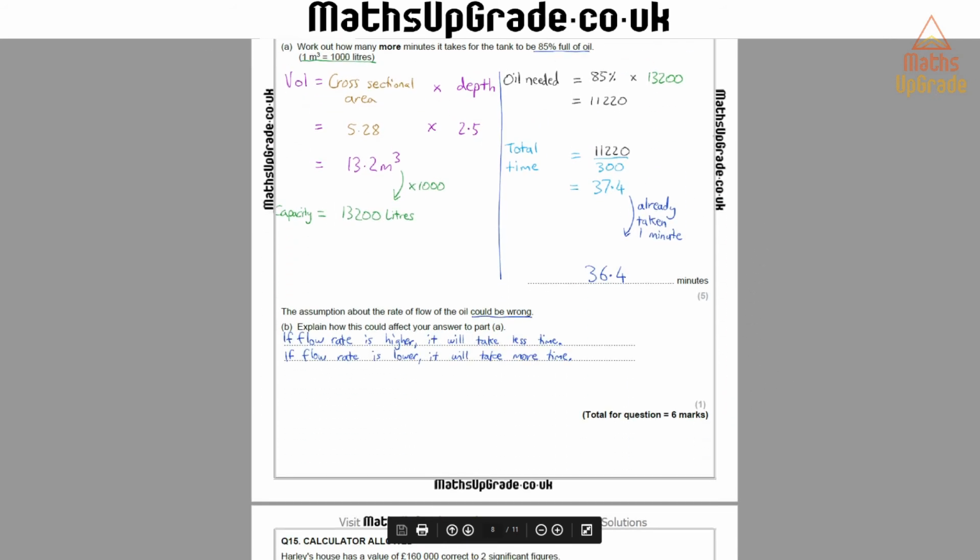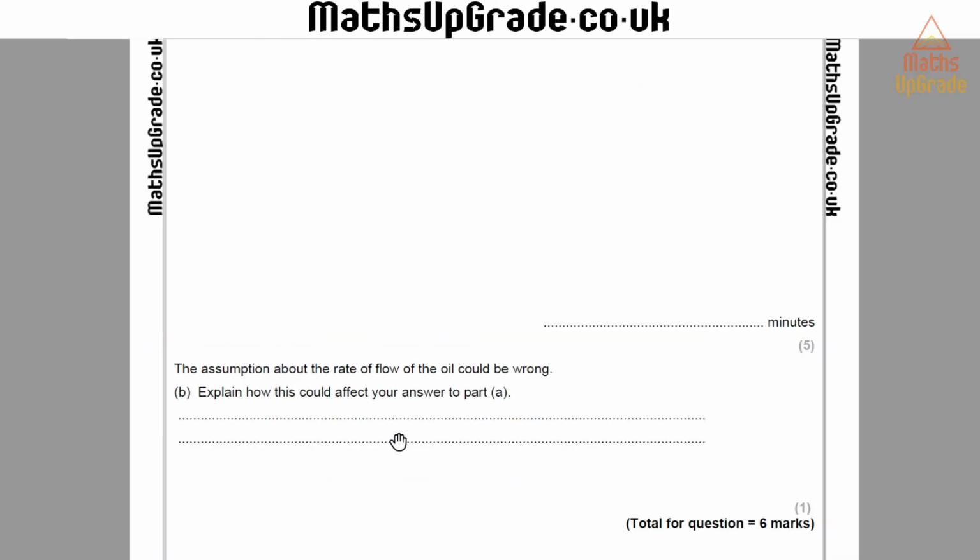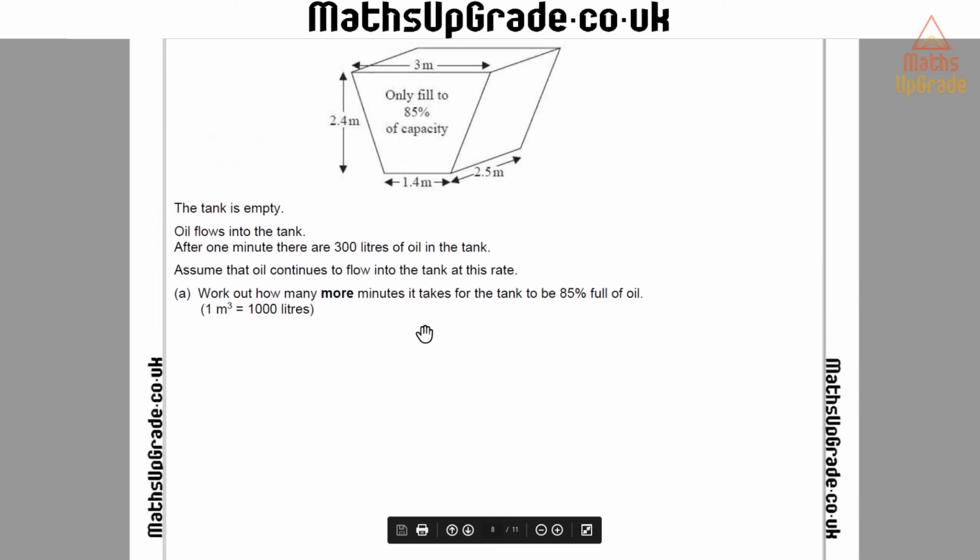The next part of the question is a reasoning question. It says the assumption about the rate of flow of the oil could be wrong. Explain how that could affect your answer to part A. Quite simply here, they're saying that we assumed 300 litres of oil flow into the tank per minute.